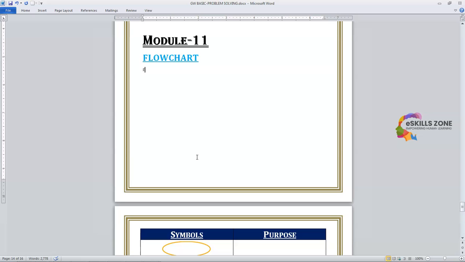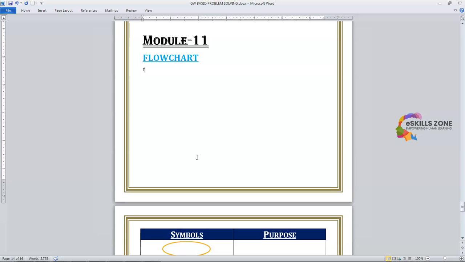Before writing a computer program, if you are expert in flowchart drawing, then you can solve the problem very accurately, precisely, and you can become a good programmer also, because it's the basic learning of developing good programming skills like writing an algorithm and then drawing flowcharts. If you are capable of writing good algorithms and good flowcharts, then you can become a good program developer and software developer as well.